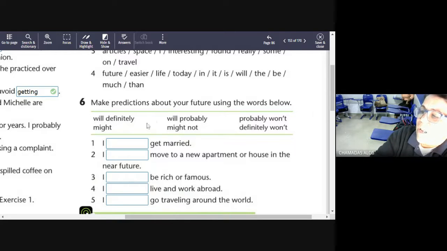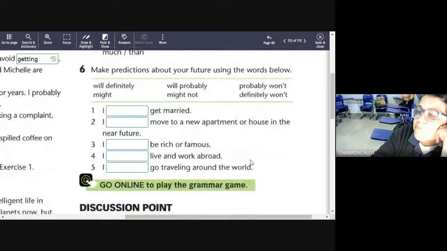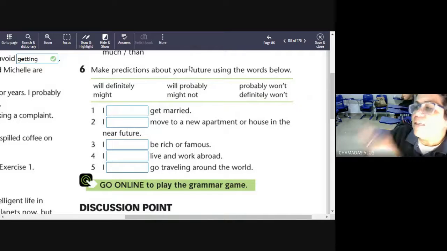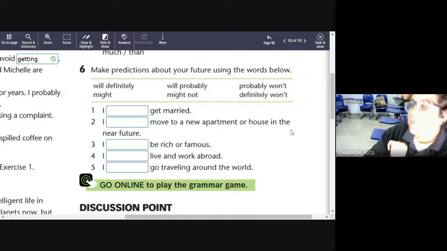So this was the last topic we saw. Will definitely, will probably, probably won't, definitely won't, might or might not. And this is about your future. So this is personal.